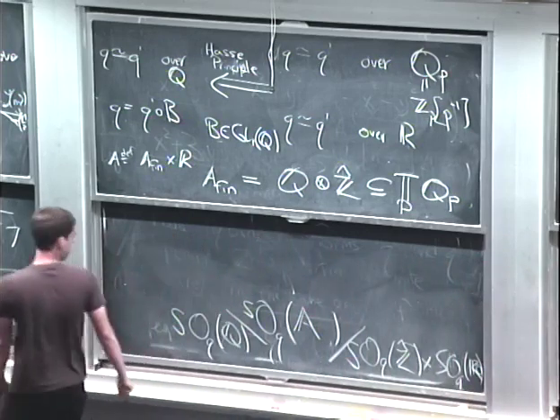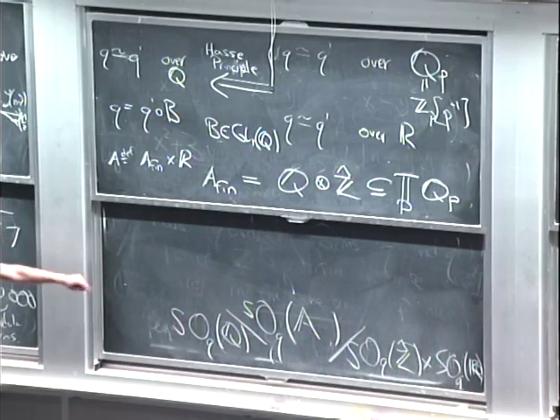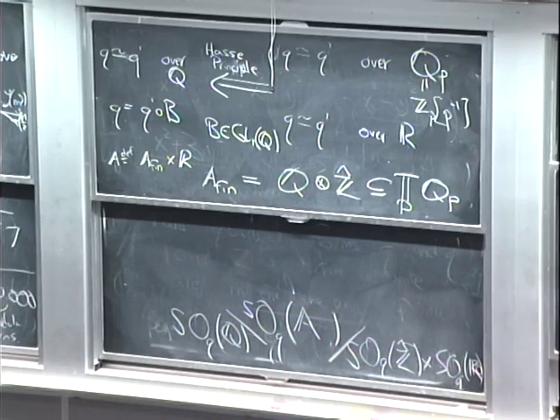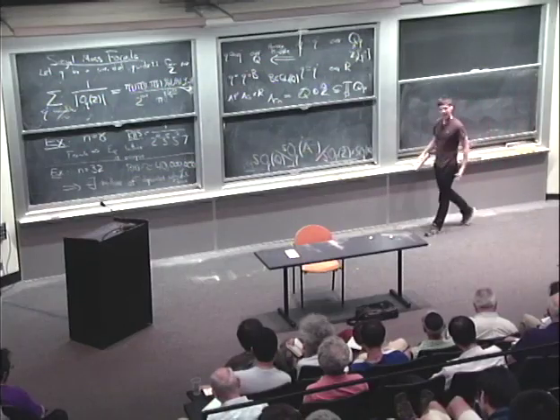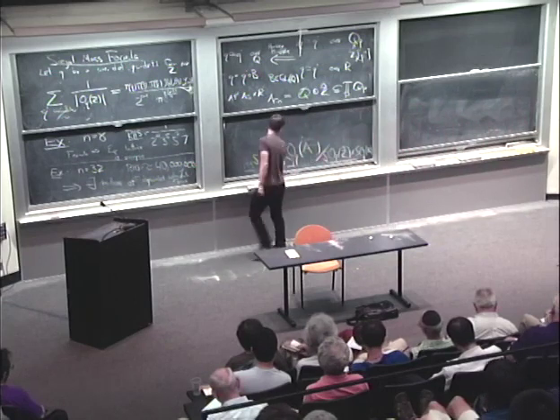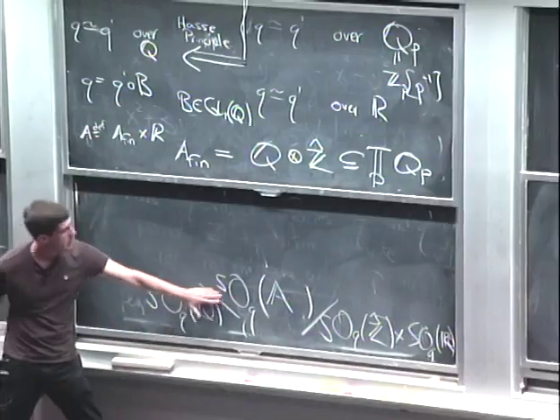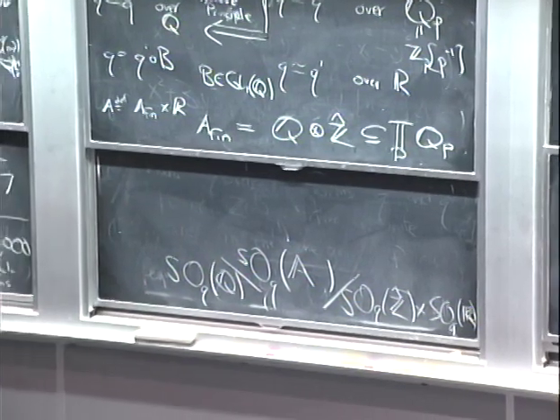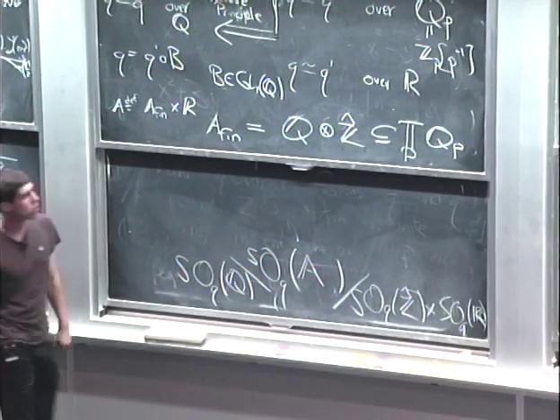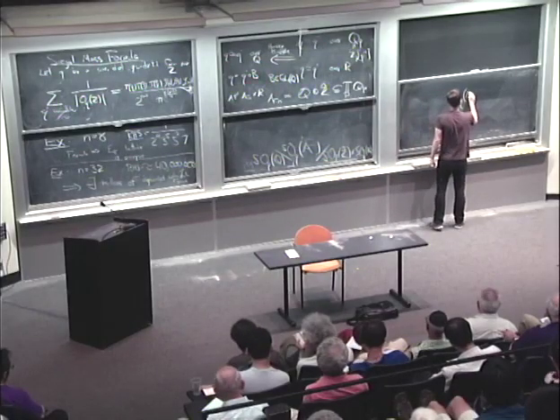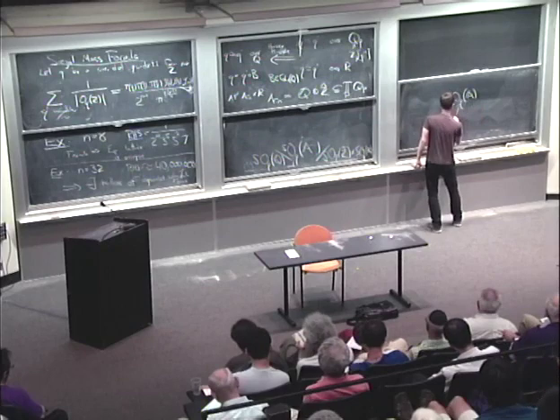All right, so why have I made these maneuvers? Well, this ring of adeles has some very convenient properties. First of all, it's a topological ring, and its topology is locally compact. So SOQ is a group of matrices over the adeles that inherits a topology, and it's a locally compact group. So SOQA, let me just say, this is locally compact.